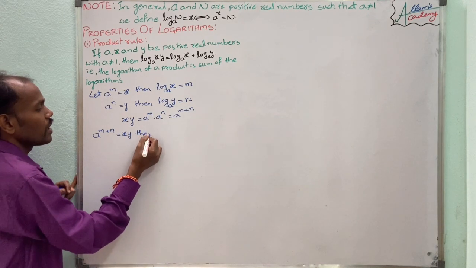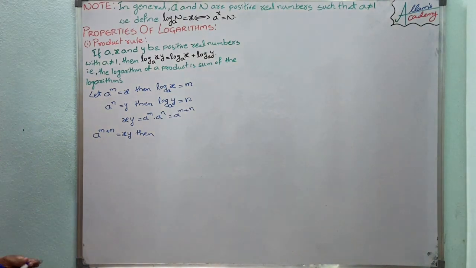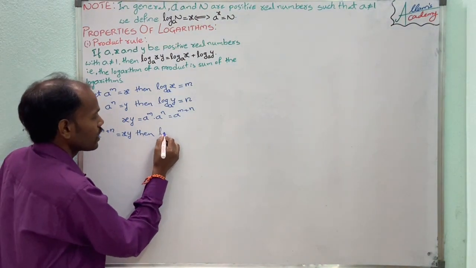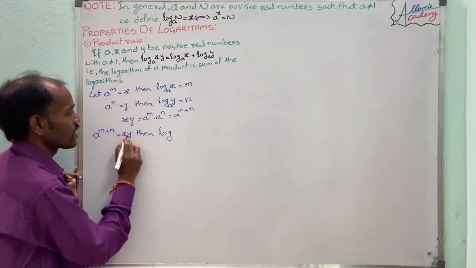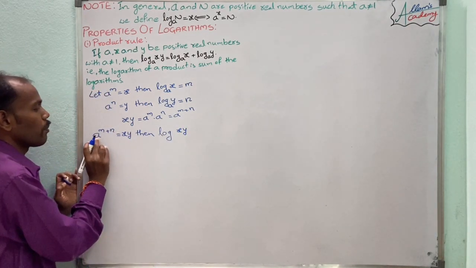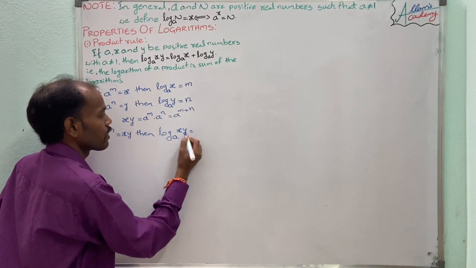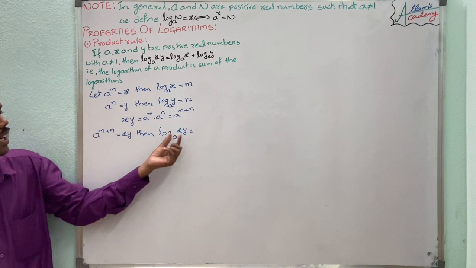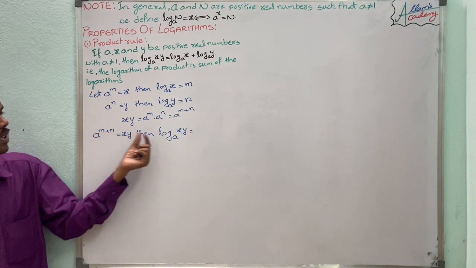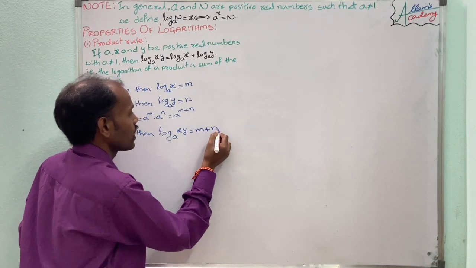Now if we write this in logarithmic form, log, the result is xy, and the base is a, so log xy base a equal to the exponent, which is m plus n.